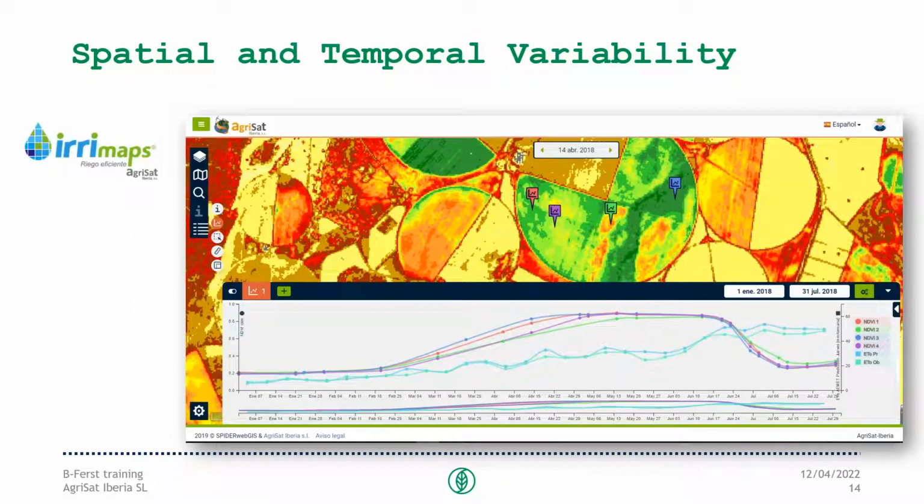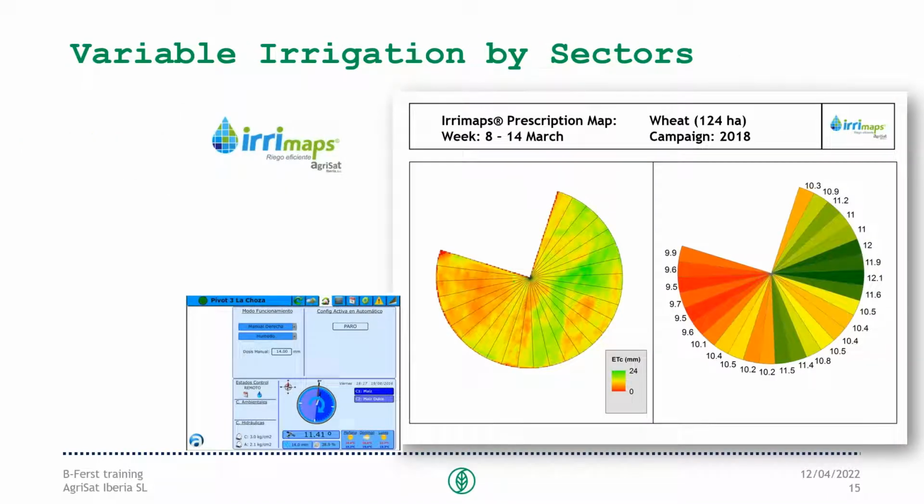We have incorporated into this survey the study of the temporal evolution of the spatial variability. This has allowed us to offer a high precision service to offer estimates of variable irrigation dose in pivots.